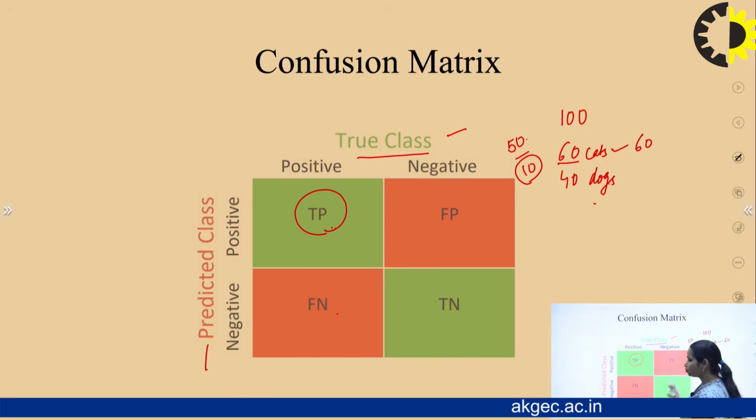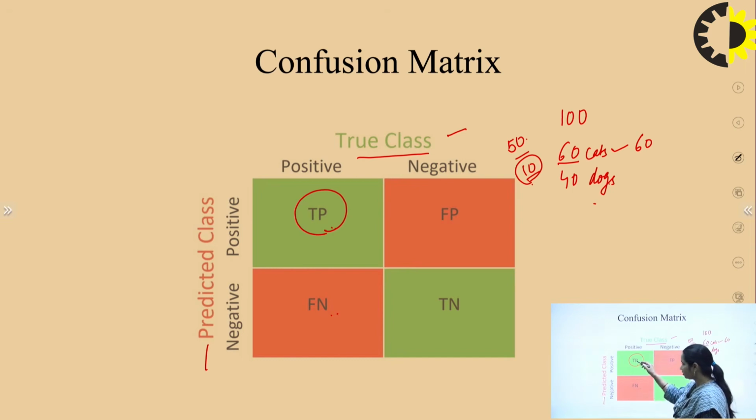But what negative? True negative or false negative? We consider them false negative because they are not detected, and the predicted value is wrong here. Similarly, if there are 40 dogs but we have detected 45 dogs, that means 5 dogs have been detected wrongly.